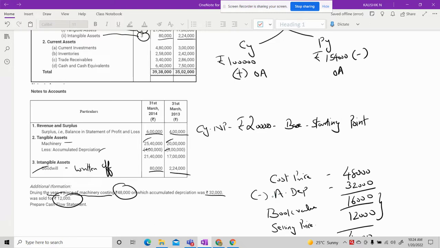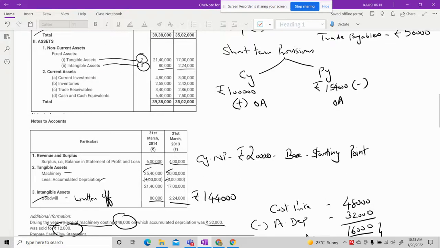We have to show the amount by which it got reduced. It was 2,24,000 in the previous year, and the current year the amount is only 80,000, which means an amount of rupees 1,44,000 has gone down. So that means it has got written off. This we need to take to the operating activity by preparing the respective format.